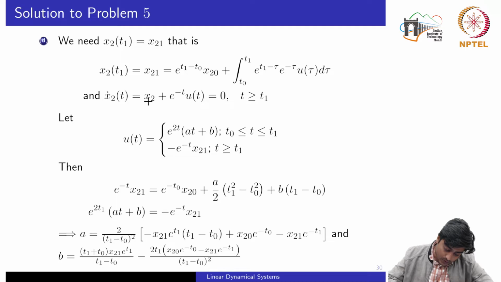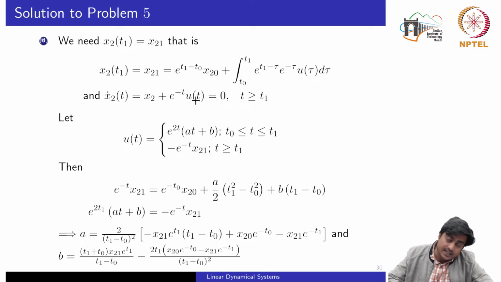And since we want x2 to stay at x21 for t greater than or equal to t1, the derivative of that equation should be equal to 0, so that it becomes a constant value starting from the initial condition at t equal to t1.